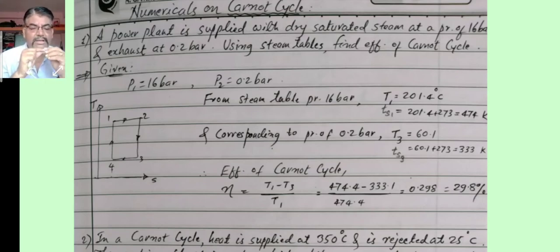So if I represent this given data on the TS diagram of Carnot cycle, the pressure P1 is 16 bar and pressure P2 is 0.2 bar.